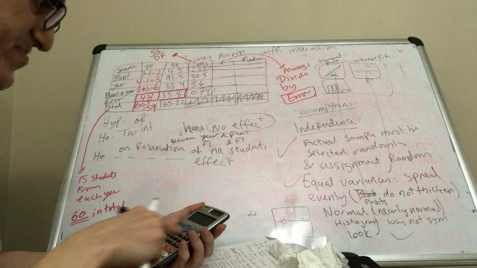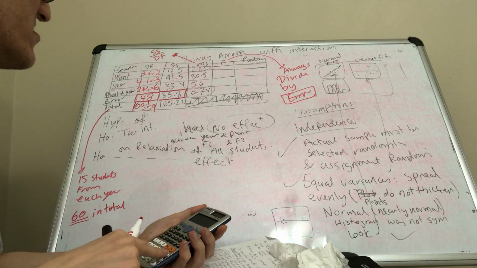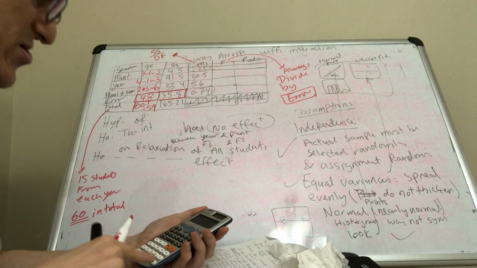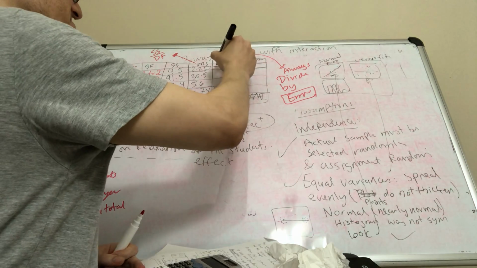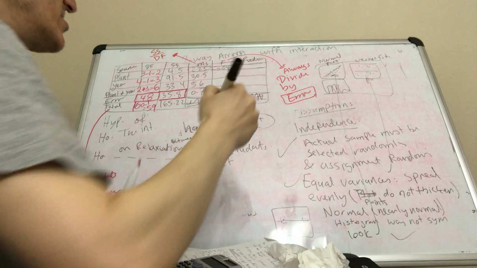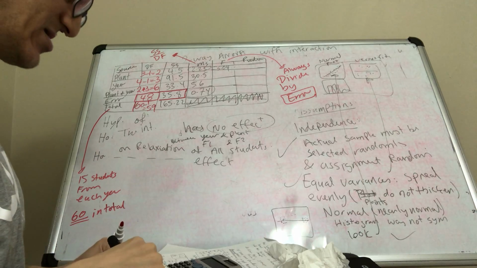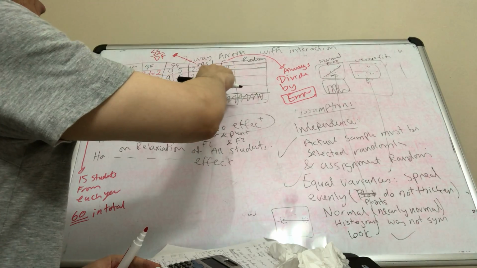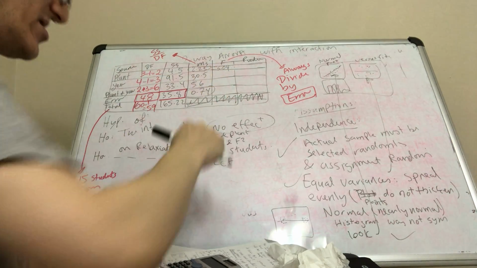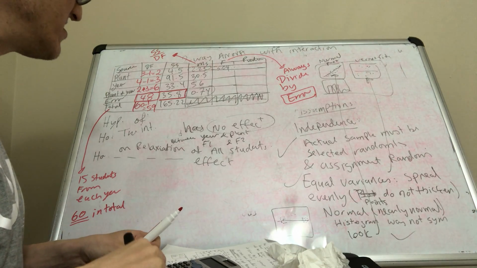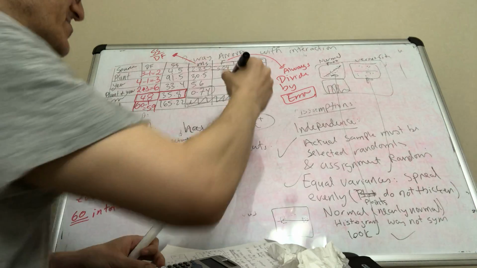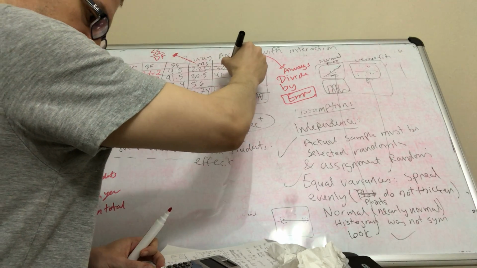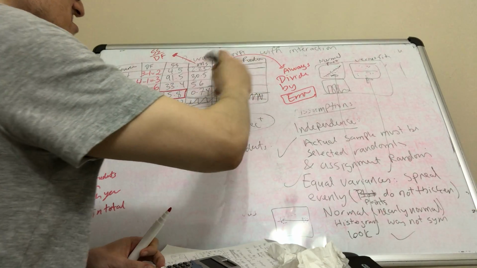2.25 over 7.4. And the answer here is 3.04. And for this one, same story. You take the MS over the error, 30.5 over 7.4. That gives you 41.216.